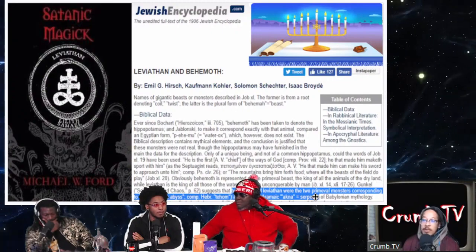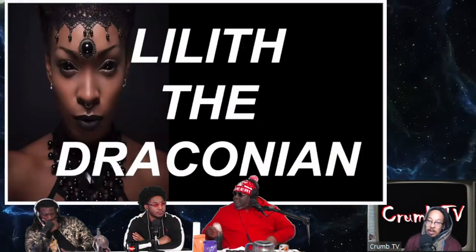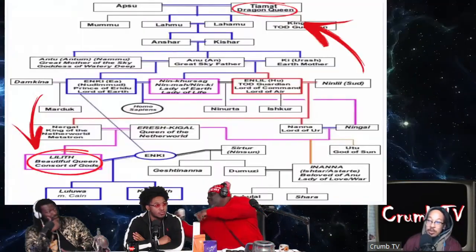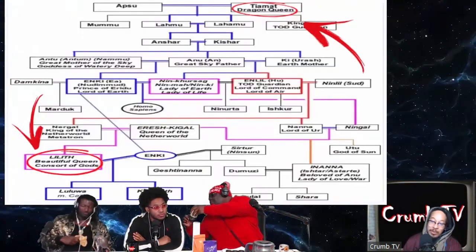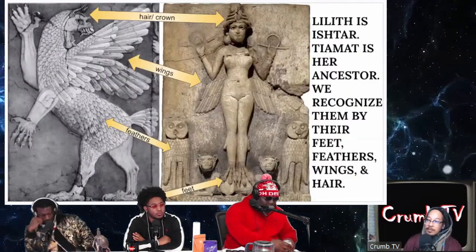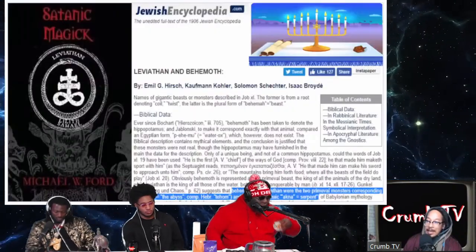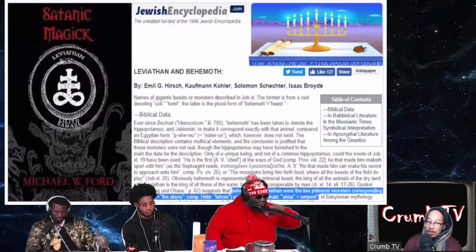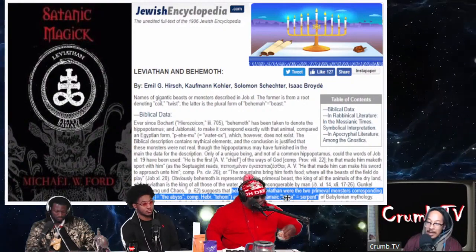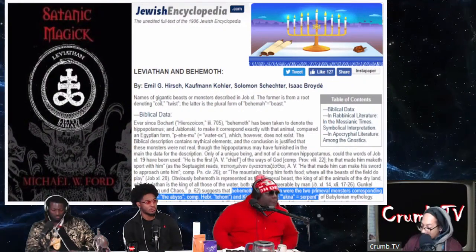They're reptilian draconians because this section is Lilith the draconian, because it says she was a dragon. So these are draconians, reptilians, Anunnaki. Anyway, it says right here, Tiamat, her son, his name is Kingu, in Aramaic, that is serpent.